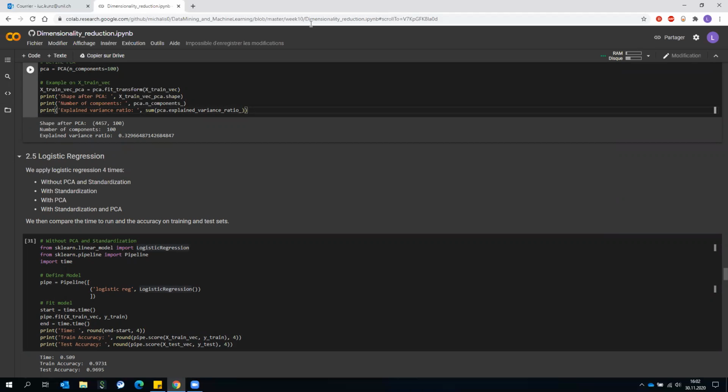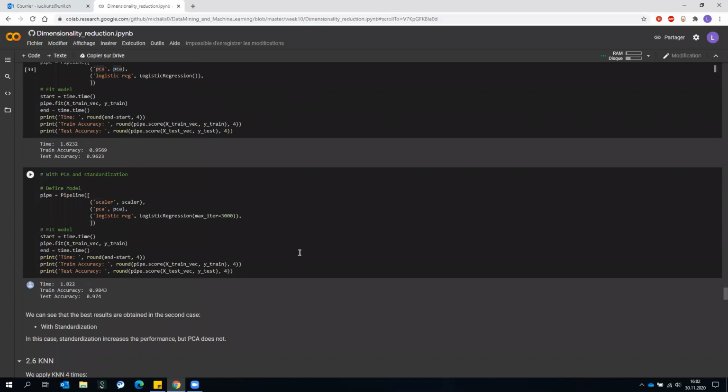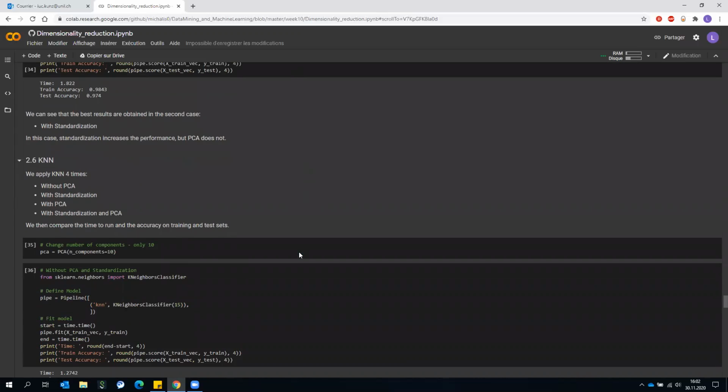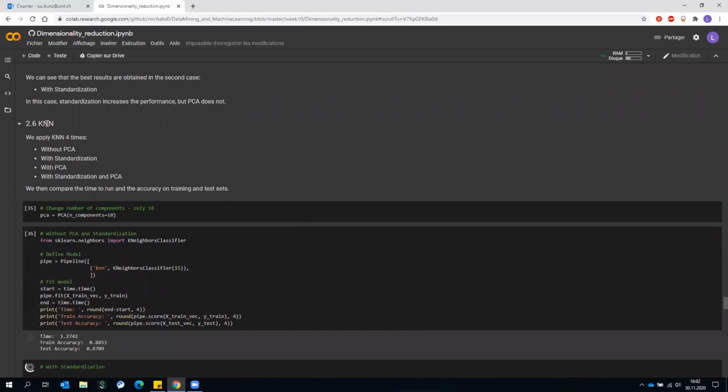Okay, if there is no question, let's do basically the same with another algorithm. We use k nearest neighbor, and we change the number of components to only 10. So basically, we go from around 2000 to 10 dimensions. That's really low, and we use a k nearest neighbor classifier with 15 as parameter.